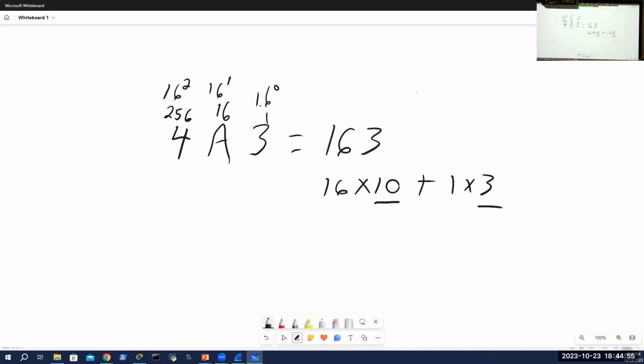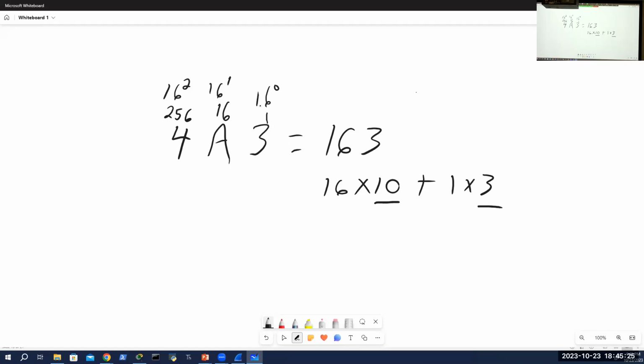And really, in all of computing that I've been involved in, programming, whatever, converting to decimal is not what you do in practice. It's more converting each individual hex digit to its binary equivalent. But we want you to be able to convert a 2-digit hex to the decimal equivalent as well.